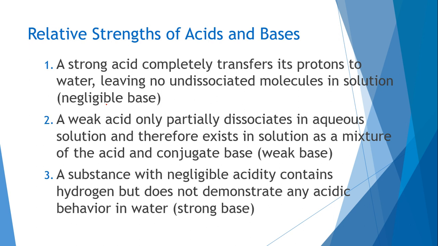Negligible just means it's so tiny, it barely even acts as a base. A weak acid, on the other hand, partially dissociates, so therefore it results in a weak conjugate base. And then something that is negligible acidity or barely acidic at all will usually have a strong base as its opposite.